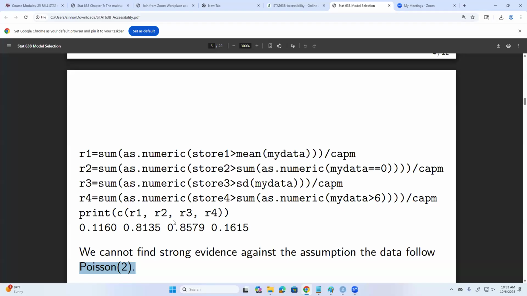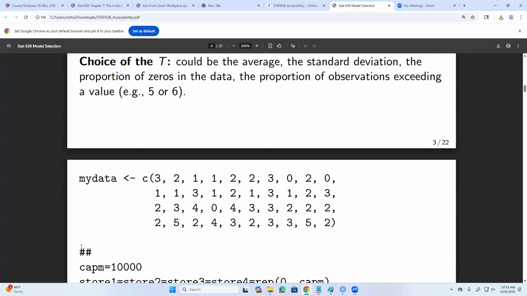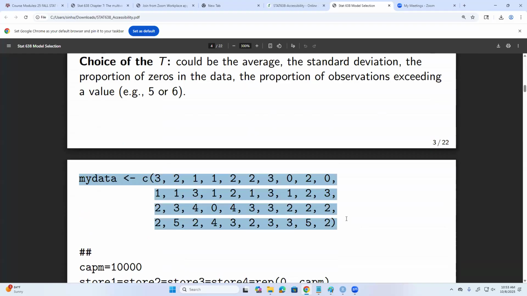And you know, for generating this data set, I know the truth. What I did, I intentionally generated data from a mixture of distributions.